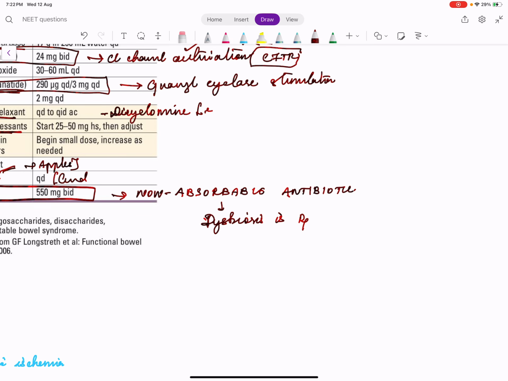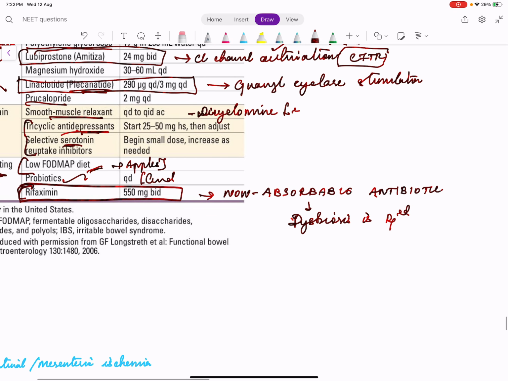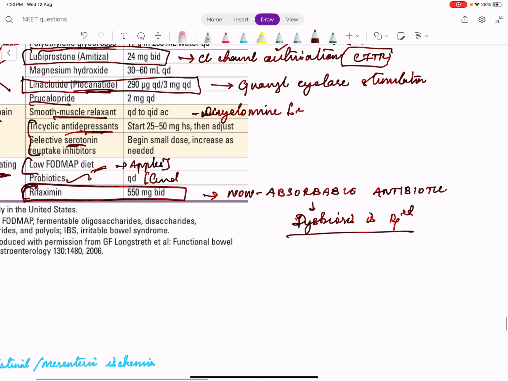Dysbiosis is treated. If you remember, the same rifaximin is the drug which is given in cirrhosis. So in cirrhosis, one mechanism for hepatic encephalopathy is the intestinal bacteria act upon the diet which is taken to produce more of ammonia. So when the bacteria are killed by this rifaximin, that process is reduced, right?